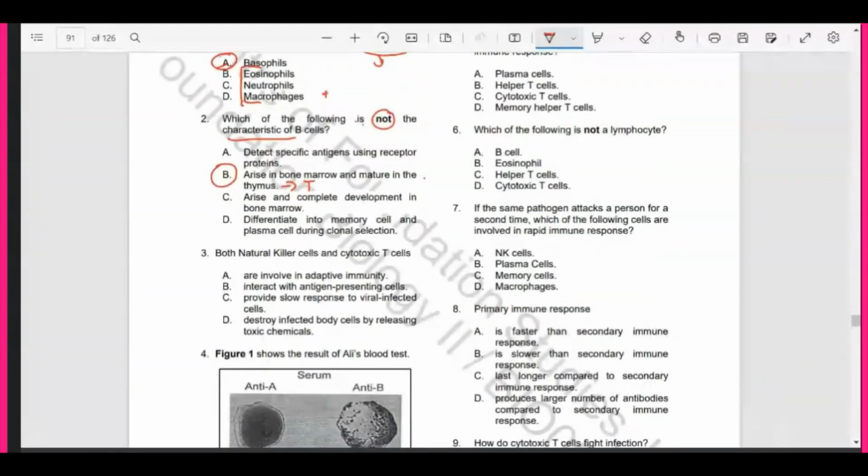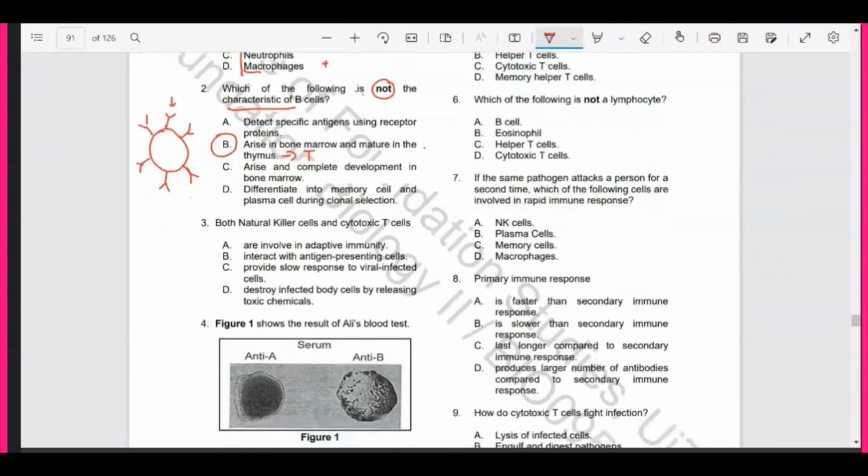Detect specific antigen using receptor protein: on the plasma membrane of the B cell, it has a receptor, where the receptor has an antigen binding site that will bind to a specific antigen of a pathogen. To be specific, the epitope on the antigen of a pathogen. Okay, so thank you, Adli.